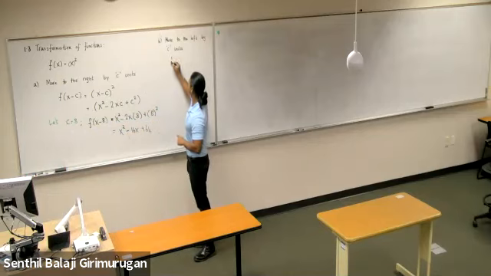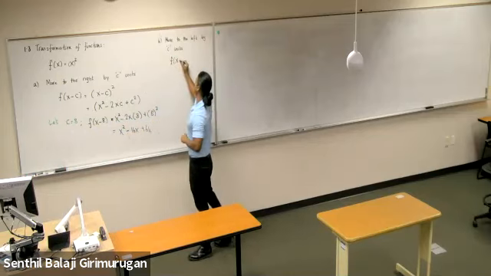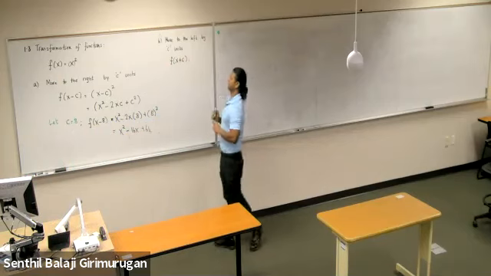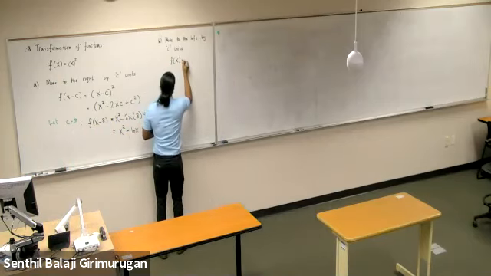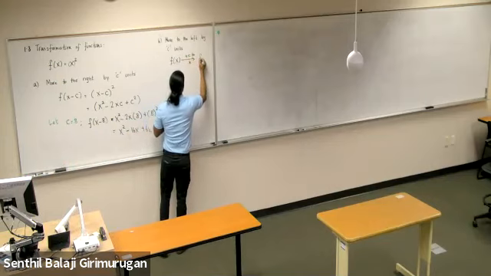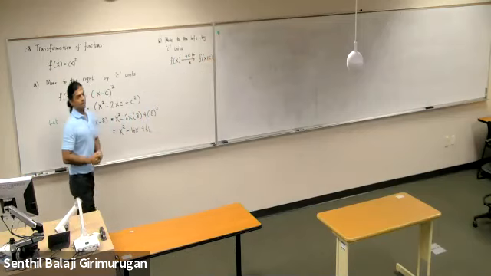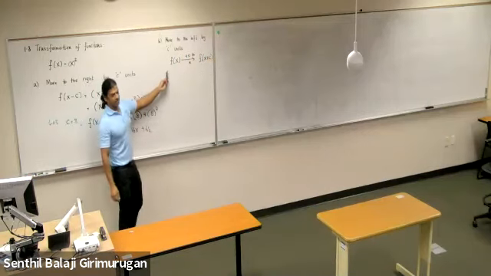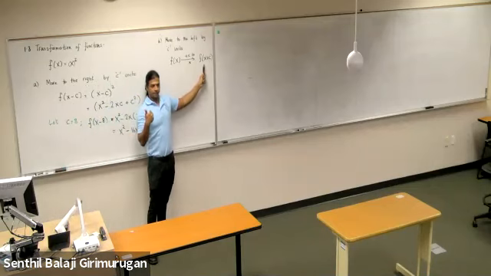I'm moving to the left, so I have to add c to the original function. So let me write it this way. Adding c to x, you get f of x plus c. So this is the original function. That is the function that moved left.